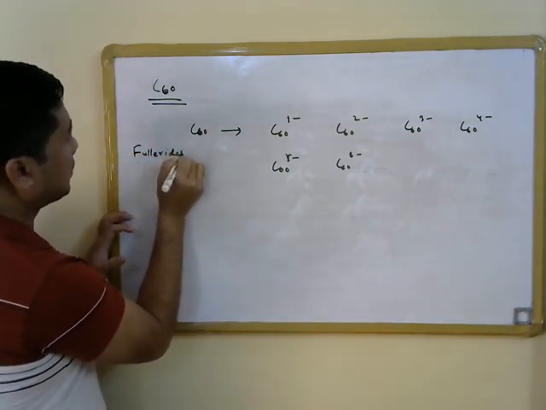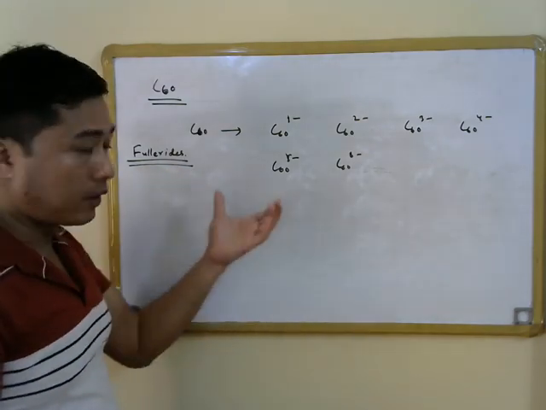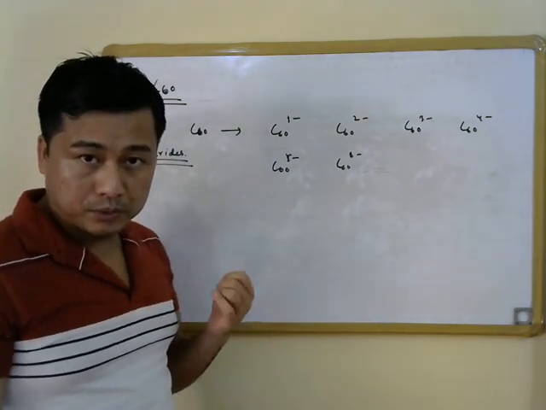Fullerides are formed when we reduce C60 using suitable reducing agents.